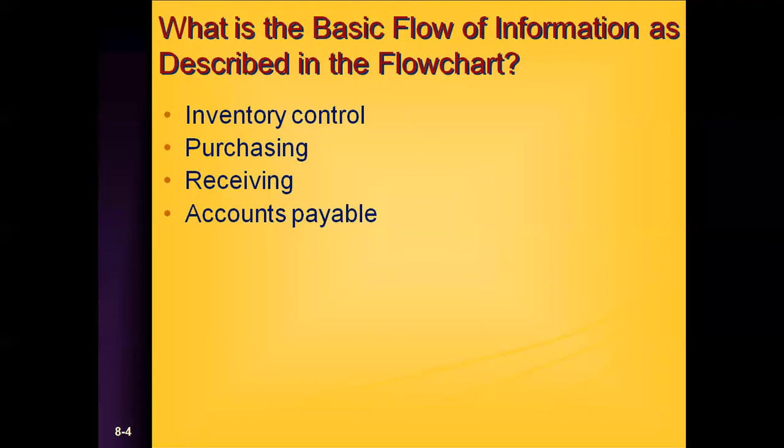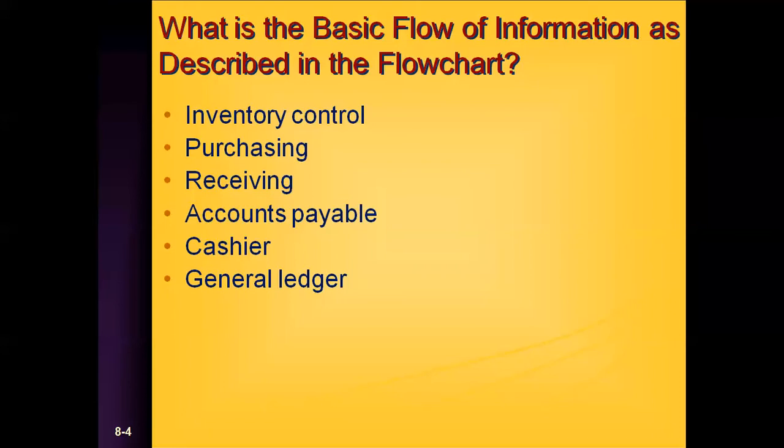The vendor that actually supplied the inventory will typically generate an invoice, and if all three of those things are in good shape, then they'll let the cashier know, the person that disperses the cash and pays the bill. Cashier then pays the vendor, and from an accounting standpoint, the general ledger is updated.